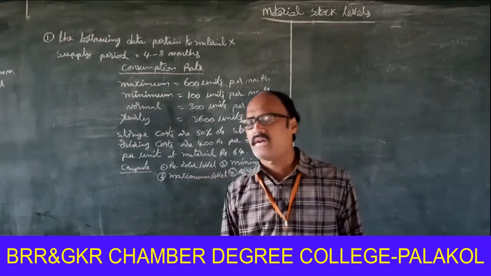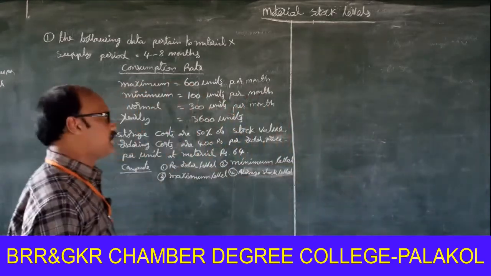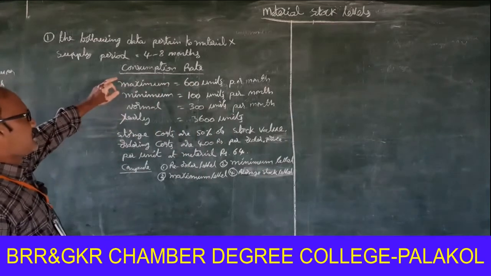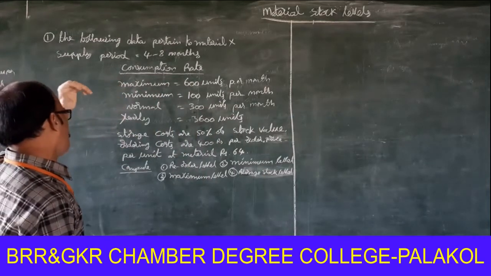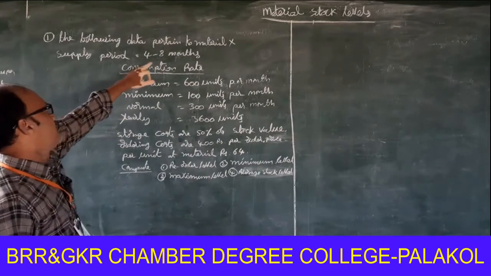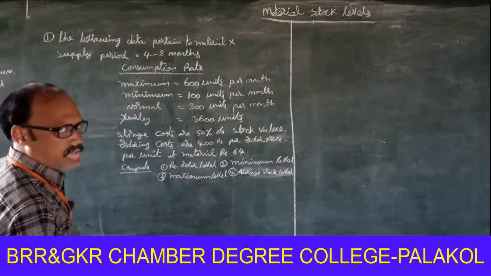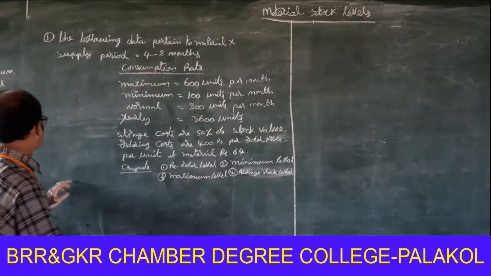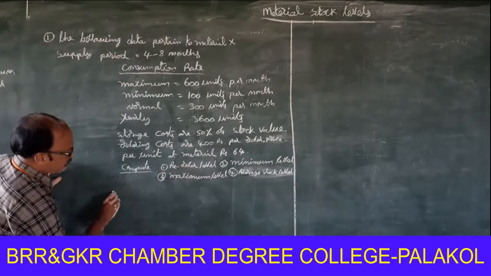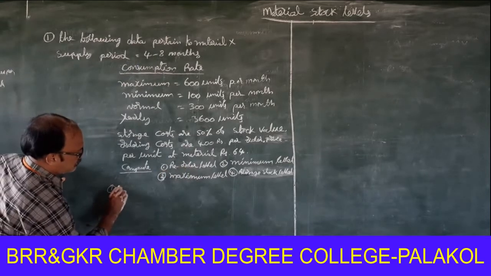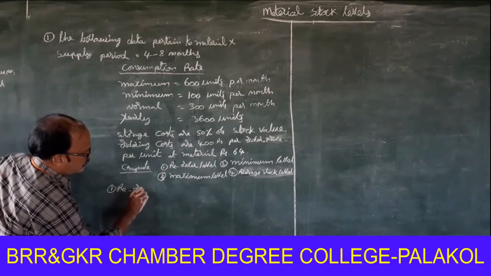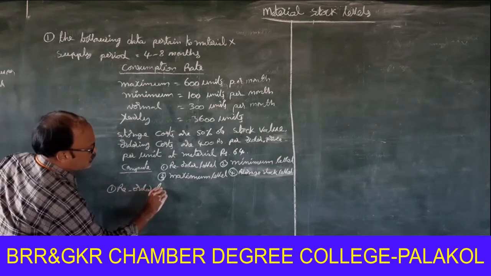Reorder level. What is the principle for calculation of reorder level? Reorder level is equal to maximum consumption into maximum reorder period. You know very well. This is the most important problem.